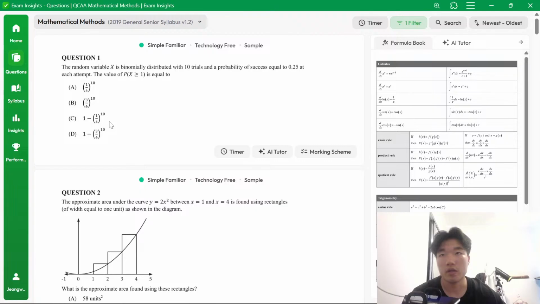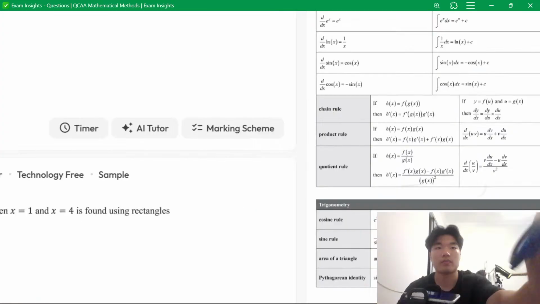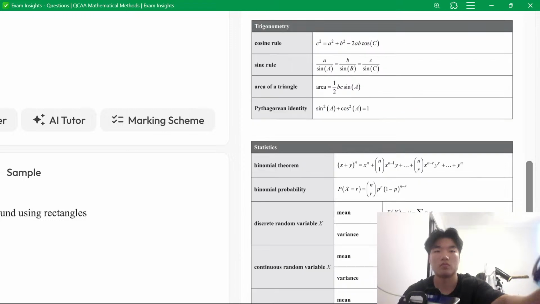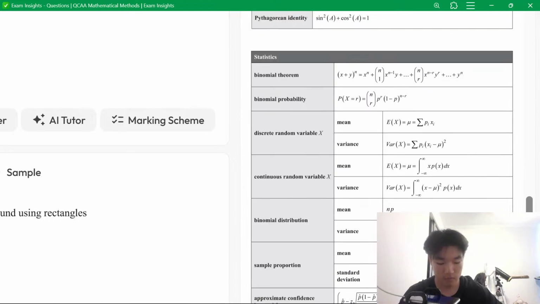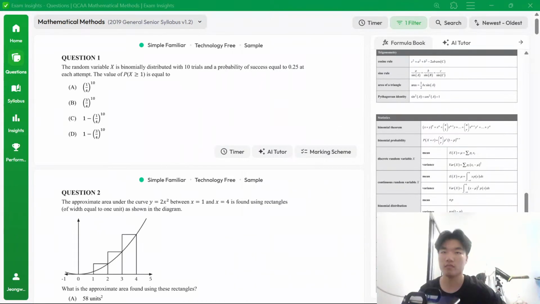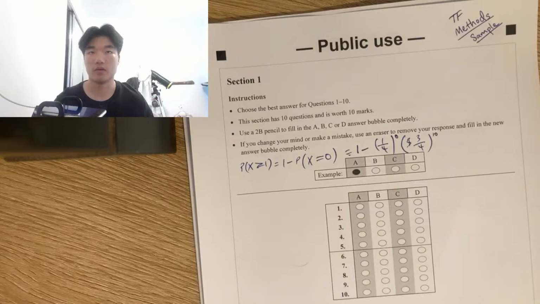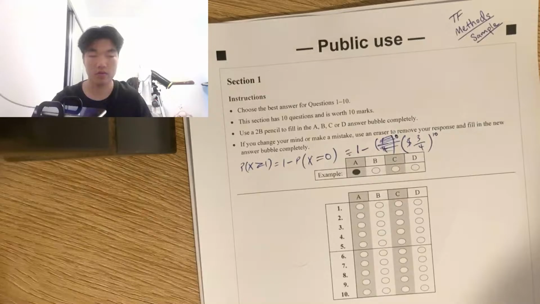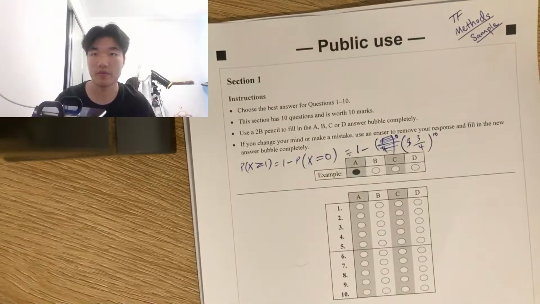We got the formula sheet anyway, so here it is. So p to the power of r, and 1 minus p becomes 3 over 4 to the power of n minus r, which is 10. So this cancels out, so it's just 1 minus 3 over 4 to the power of 10.